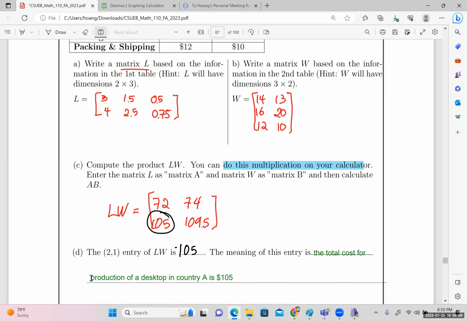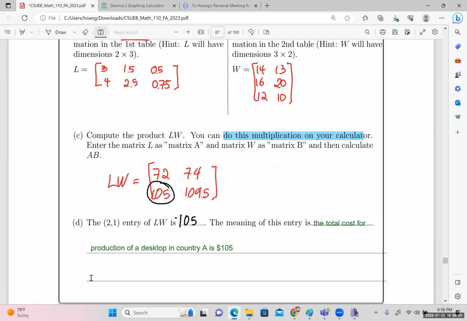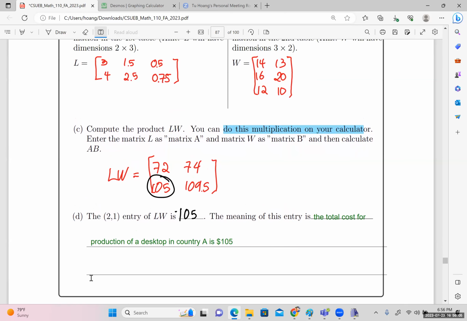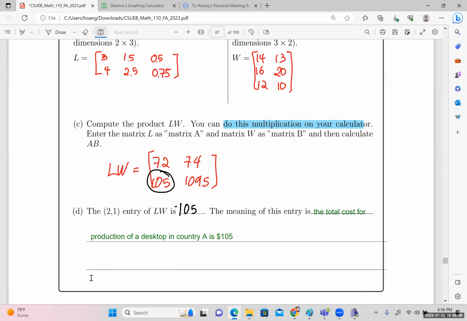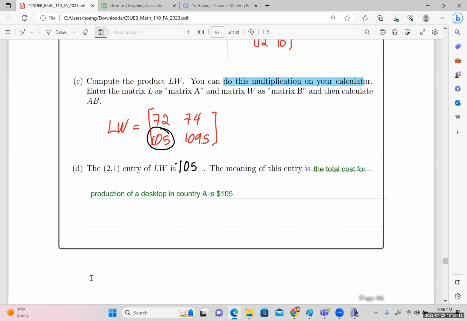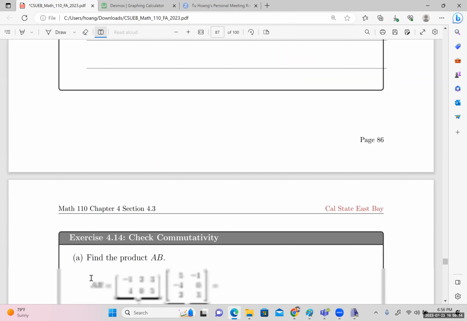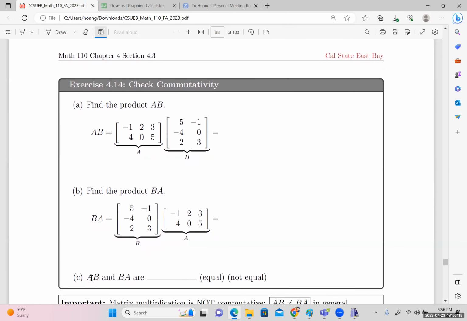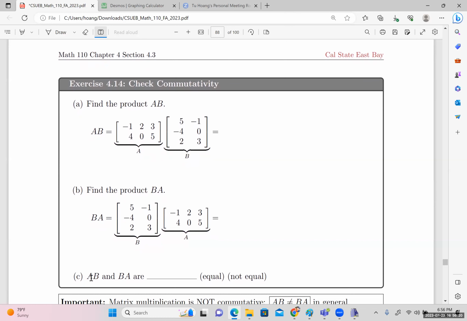Okay. So as you see, you can do multiplication very quickly with calculators. And we're going to have the next one, checking commutativity, right? Commutativity.